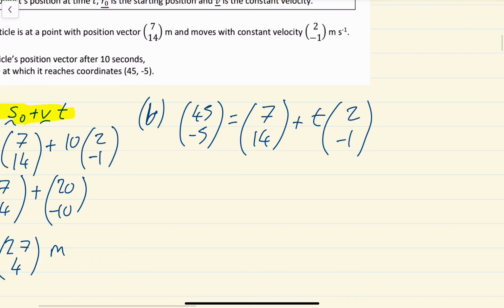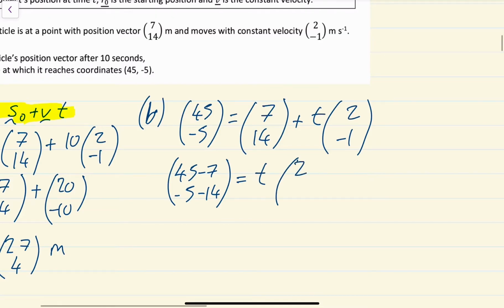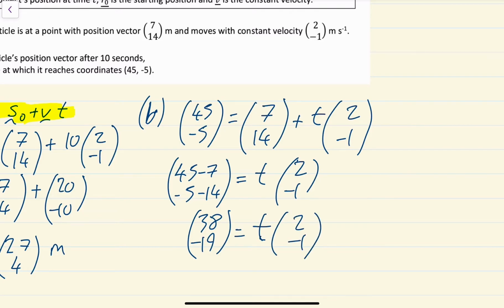So here we'll bring the 7 across, so 45 minus 7, and you'll bring your 14 across. So this is in a column vector here. Let's sort that out, that's a mess. So that's going to be 38, and that's going to be minus 19, is equal to t times (2, -1).